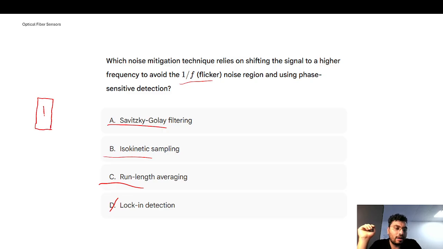The narrow region means it will avoid the asynchronous noises. It will reject noise using the narrowband filter, and that's how lock-in detection is used as a noise mitigation technique, which avoids the noise region from the higher frequency.